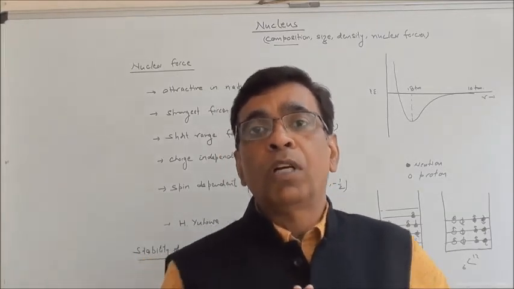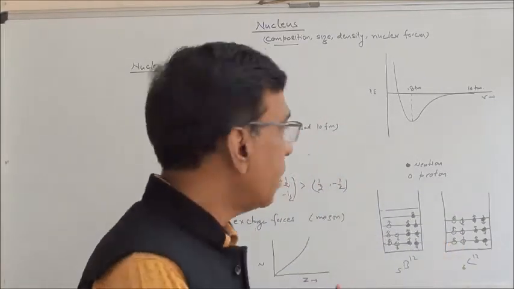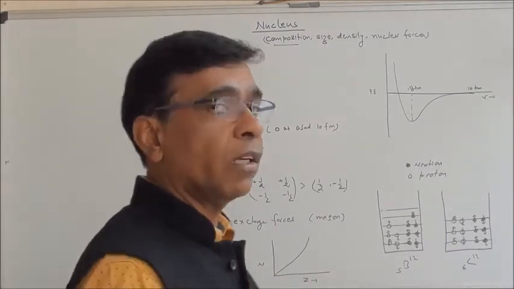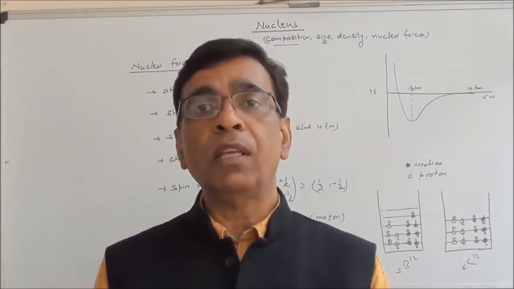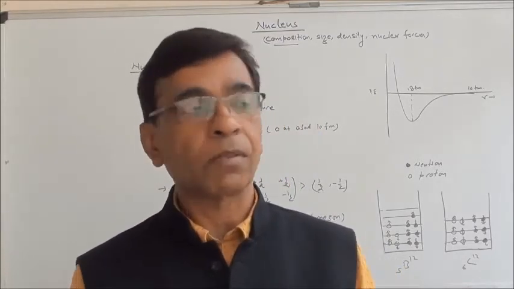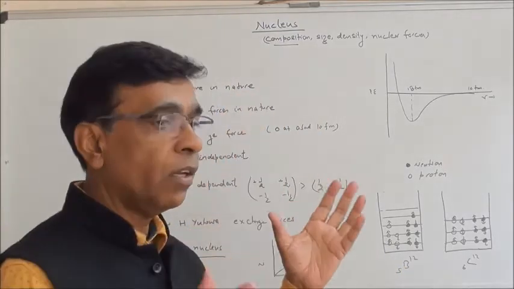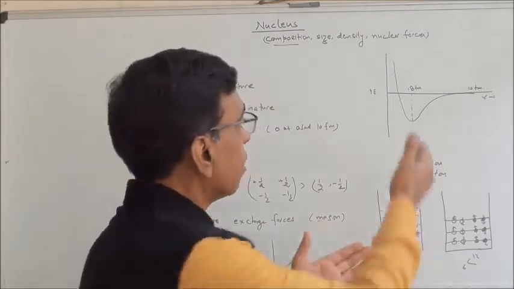Now, what are the properties of these forces? Let us discuss them. They are attractive in nature. That's why they counter the repulsive force, and are operative at a distance of around 1 femtometer.